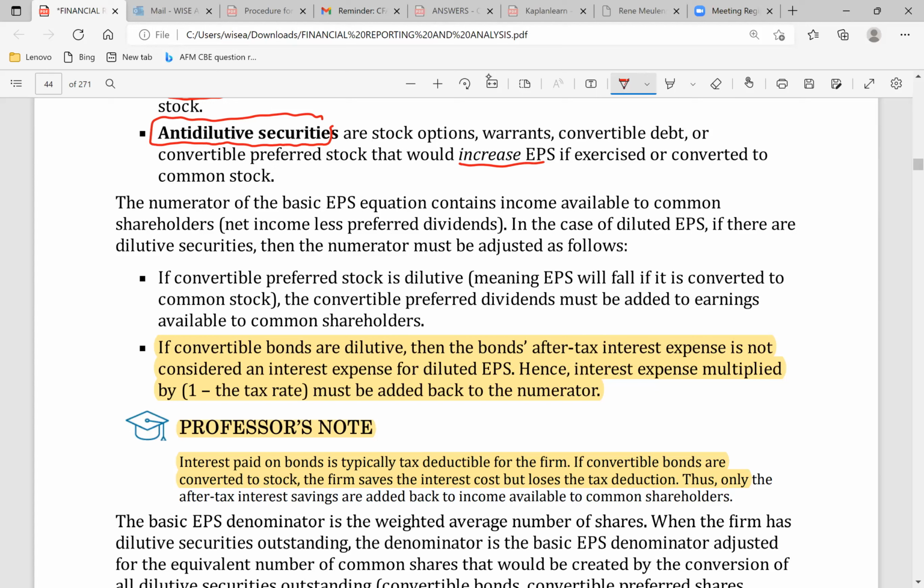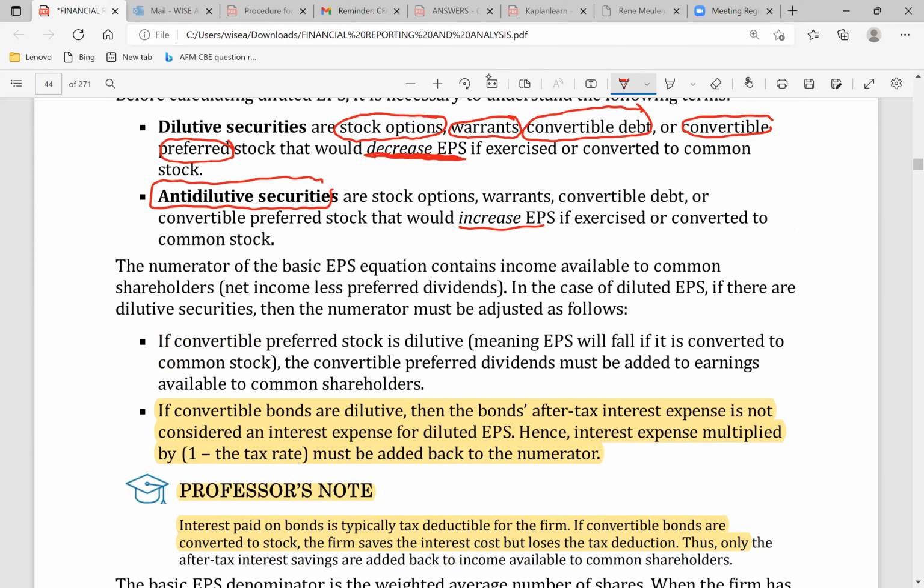So if you take each of the dilutive securities, stock options, is it going to affect the numerator? Is it going to affect the denominator? If we take stock options, it will only affect the denominator, the number of shares outstanding.